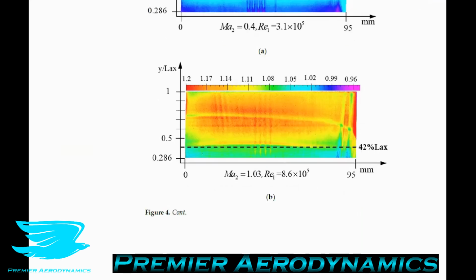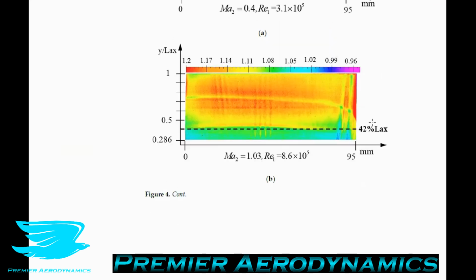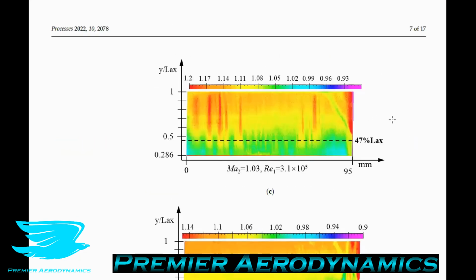When the Mach number increased to 1.03, so now we're above the speed of sound, and especially on this airfoil, because it is so curved, we are definitely above the critical Mach number, the boundary layer transition occurred at only 0.42, so 42% of the chord. So it moved upstream by 21%, a lot towards the leading edge. When the Reynolds number was decreased, as shown in figure 4C, the transition point moved backwards to 47% of the chord, so that makes sense.